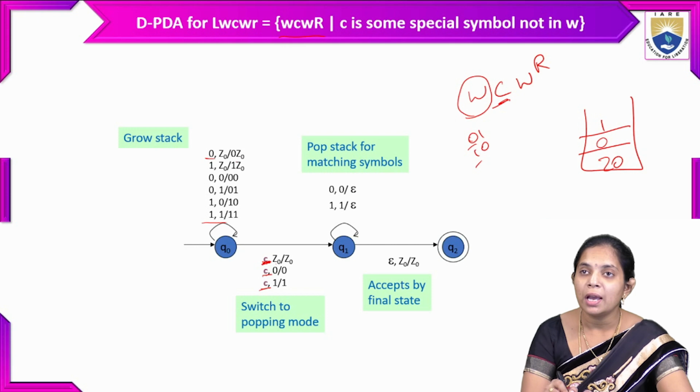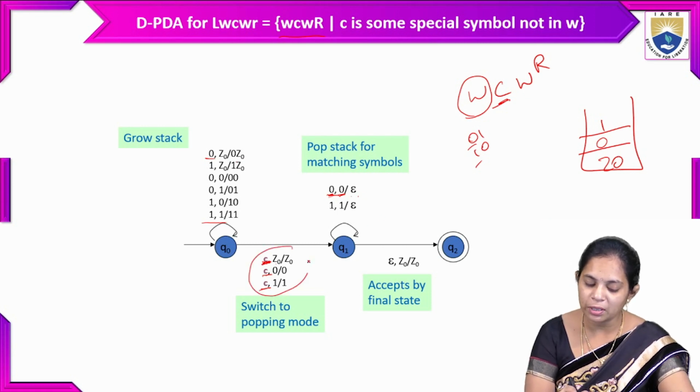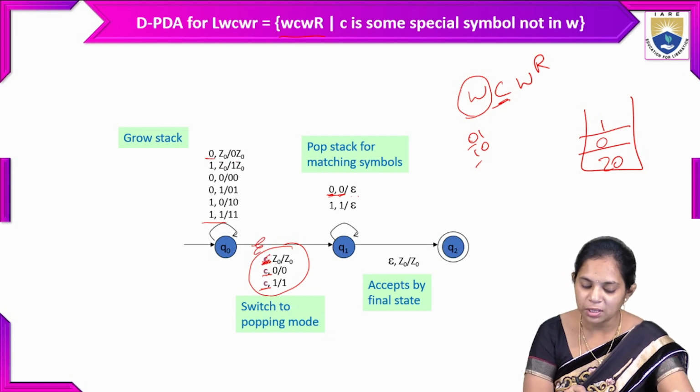Next, when the input symbol is 0 and the top of the stack symbol is 0, we pop in pop mode. So we just implemented the same thing, but instead of epsilon guessing, we are inserting the C symbol.